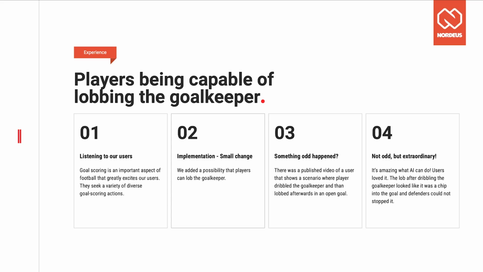This is basically an issue in real production, and you as a QA need to address it together with the product manager, prioritize it, and then the team will fix the issue. That's what we did. But when looking deeper into the comments on this video, we saw that users actually loved this scenario. So this is actually extraordinary what the AI can really do.